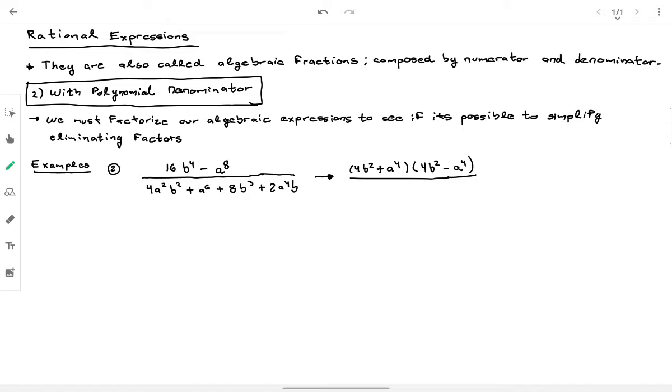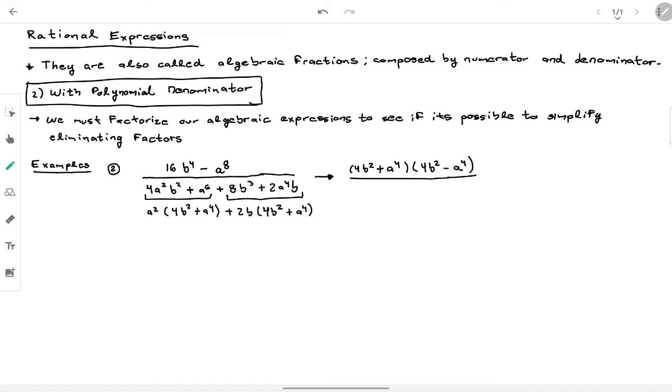So maybe we can do it by factoring by grouping. Let's see. These two have something in common, a squared, that multiplies 4b squared plus a to the 4. We can also factorize the other one. They have in common 2b, and it's going to be 4b squared plus a to the 4.